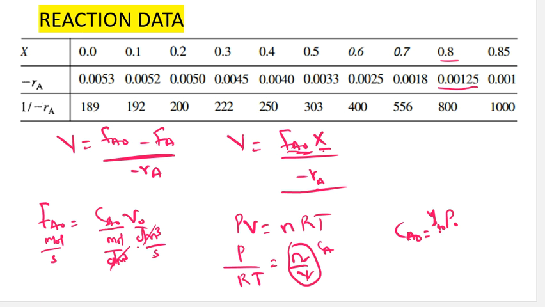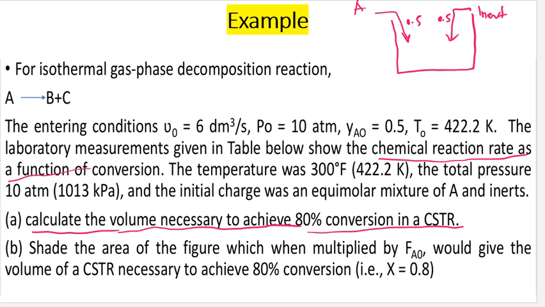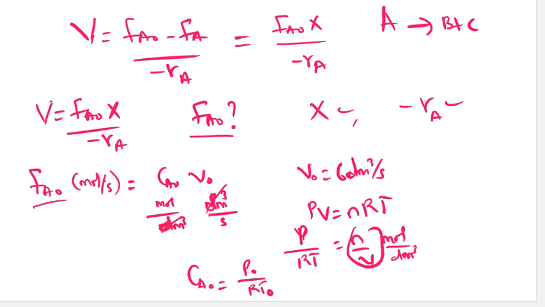So we have to multiply the total pressure by that, divided by R, 8.314, and the temperature, which is 422.2 Kelvin. So remember all those from the question.